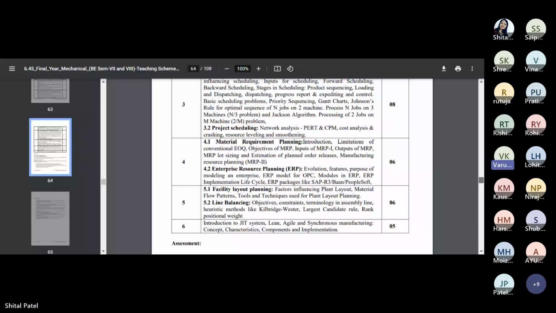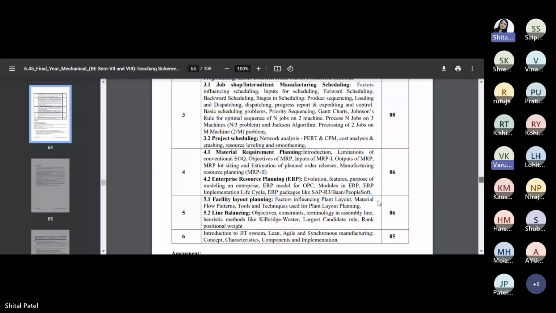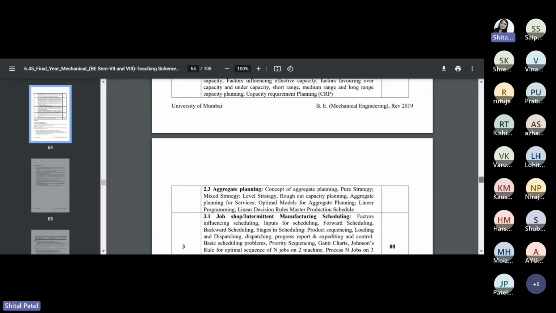So can we say that logistics can be a subsystem of OPC? Yes, of course, because without OPC, you don't have manufacturing of the product, and unless manufacturing of the product exists, there won't be existence of logistics. What will you supply? If there is production then you will supply, but effective management of the production and logistics both depends upon the strategies which we are adopting through the production.